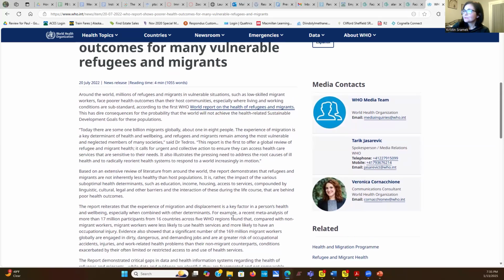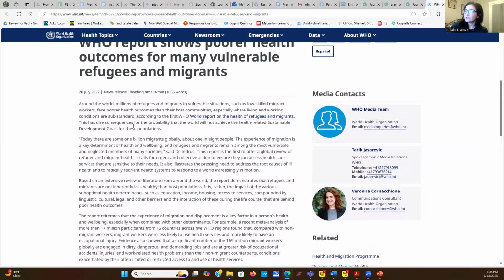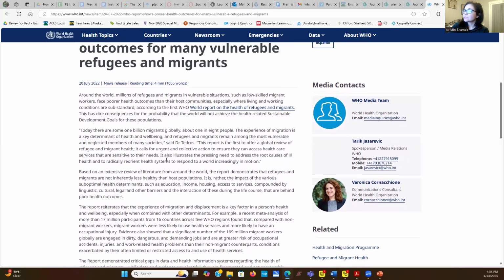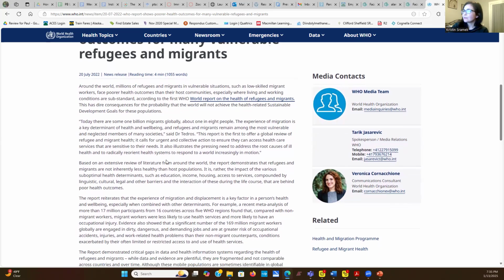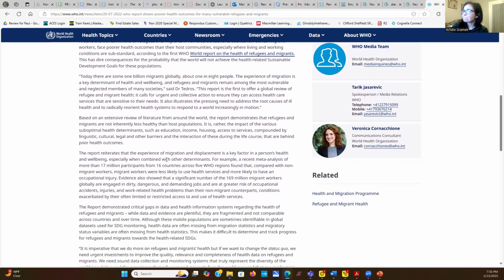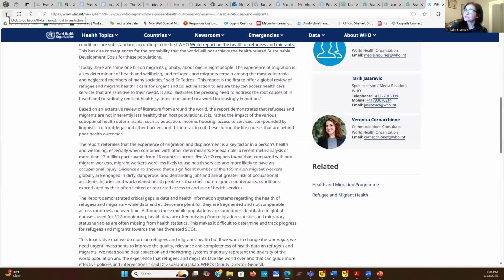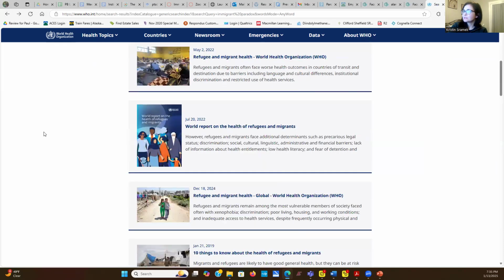So around the world, millions of refugees and migrants in vulnerable situations, such as low-skilled migrant workers, face poorer health outcomes than their host communities, especially where living and working conditions are substandard. This has dire consequences for the probability that the world will not achieve the health-related sustainable development goals for these populations. That's interesting. Okay, so this is actually saying that they have worse outcomes.